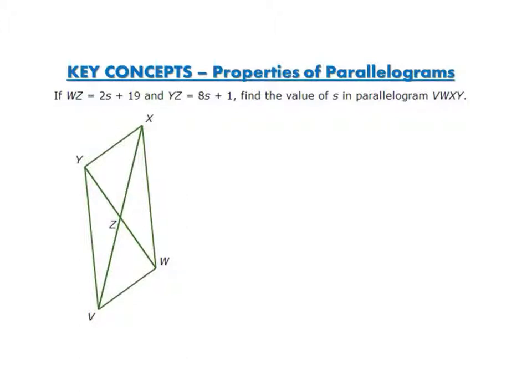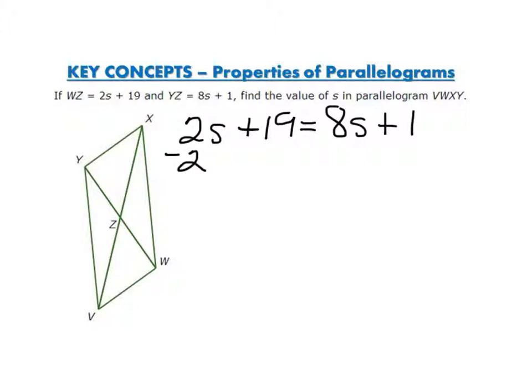So we are going to set this equal to that and solve for S. So we have 2S plus 19 equals 8S plus 1. 2S is my smaller number of variables, so I'm going to subtract 2S from both sides.